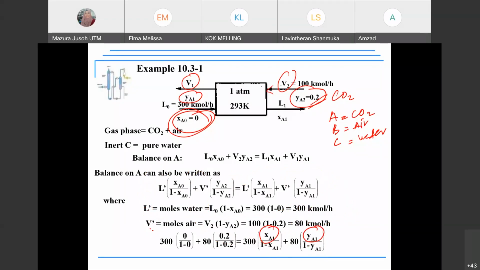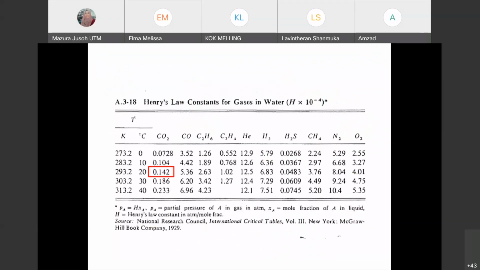So this is when you use Henry's law, because you want to be able to relate X and Y. You look at the Henry's law constant in the back of your book that I attached in e-learning, which is the GenCorp list. If you look at Appendix A3-18, these are some of the Henry's law constants for gases in water.